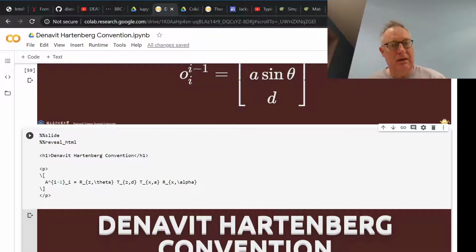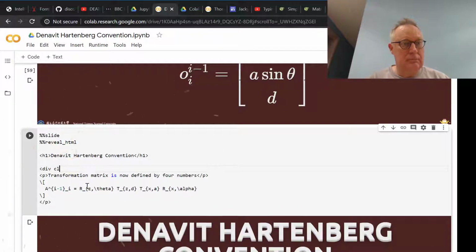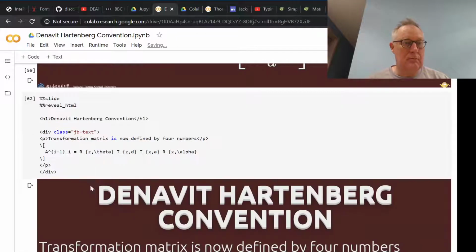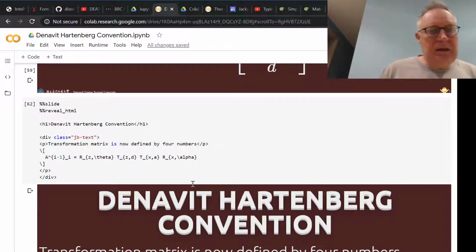Theta, d, a, and alpha are the four numbers.